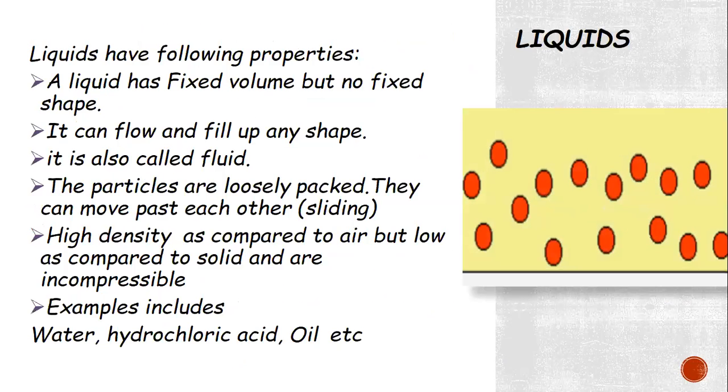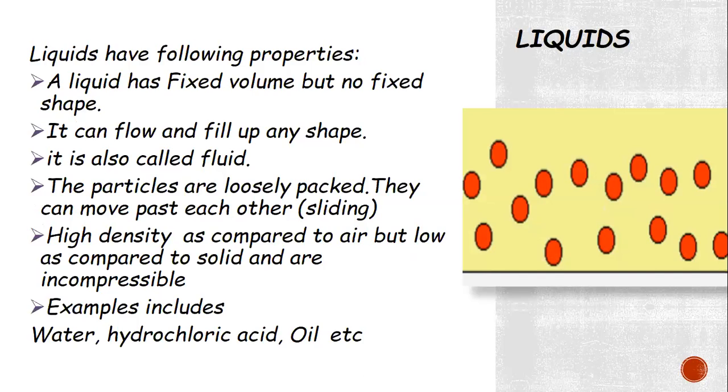So the properties of liquids are: a liquid has a fixed volume but no fixed shape. It takes the shape of the container. It can flow and fill up any shape. It is also called a fluid. The particles are loosely packed as compared to solids, but they are nearer as compared to gases.